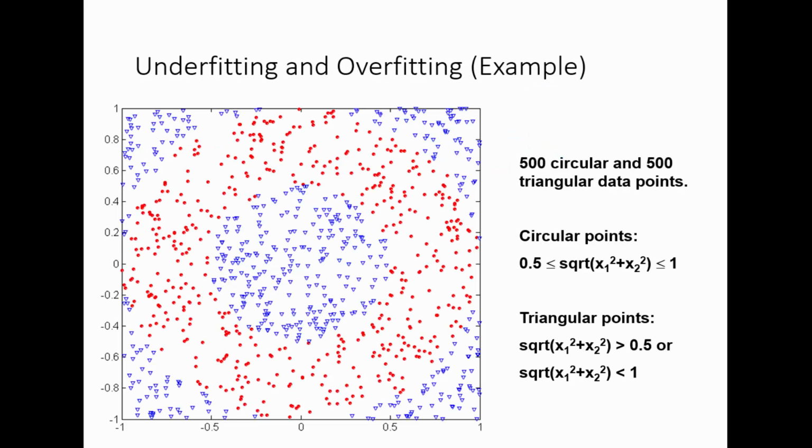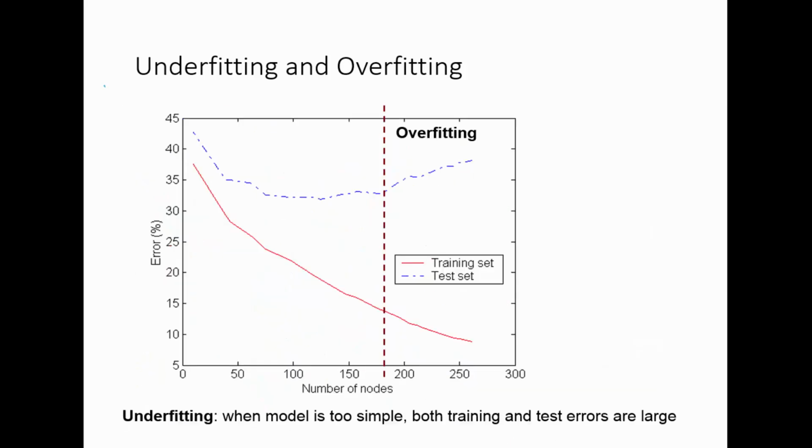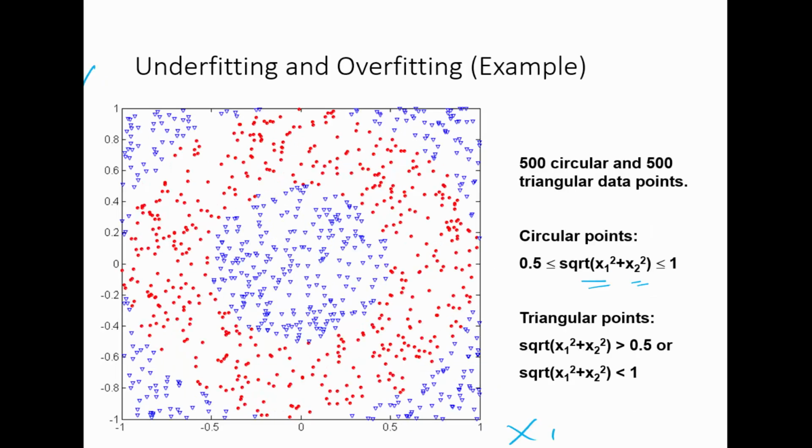So here's an example of underfitting and overfitting. You have got red points, the circular points, and the triangular points. So ideally, the square root of x1 squared plus x2 squared, where x1 is this one and the y-axis is x2.